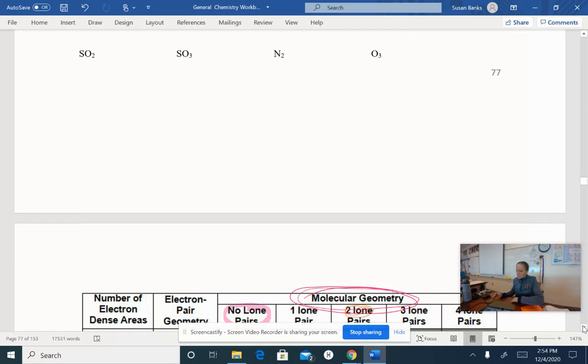Okay, SO2. Let's see. We have this geometry going on. We've got a double bond on one side, and it really doesn't matter what side you put it on. We've got a single bond on the other side to the oxygen, and we've also got a lone pair on that sulfur.